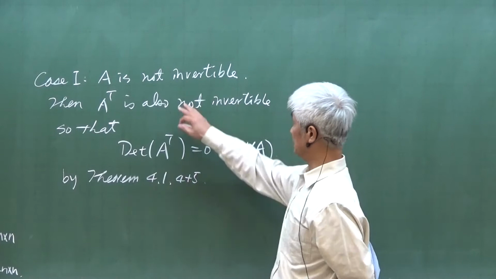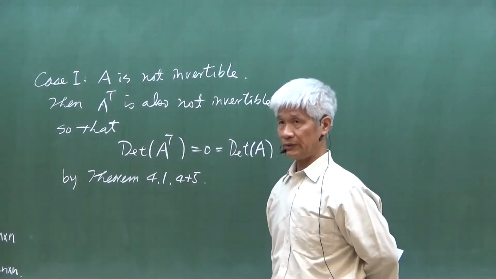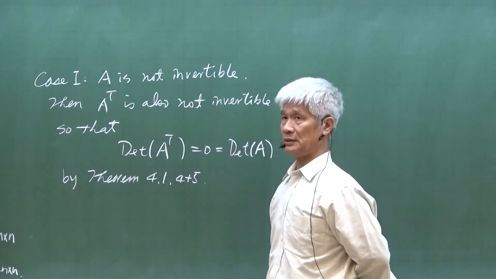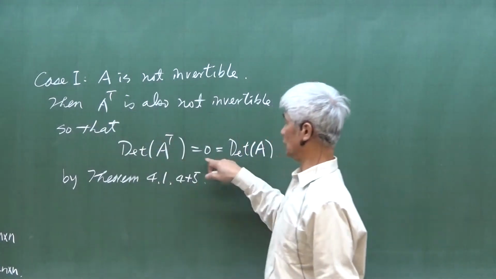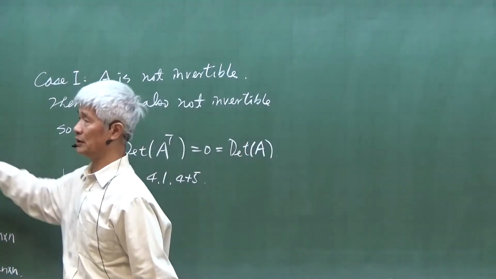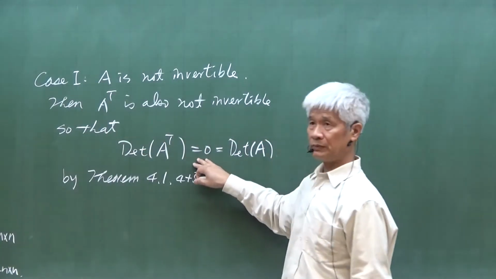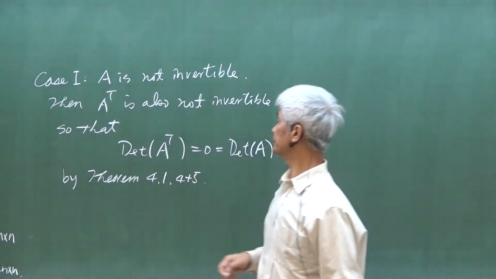So if a matrix is not invertible, then its determinant is 0. So this one is okay, right? So we established the identity already because both of them are equal to 0.